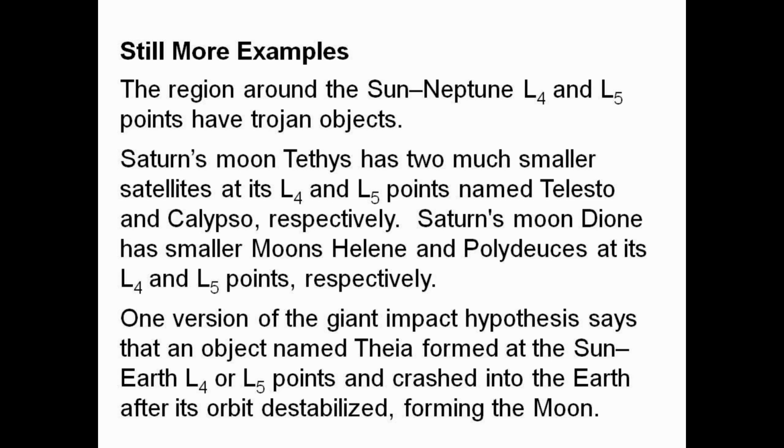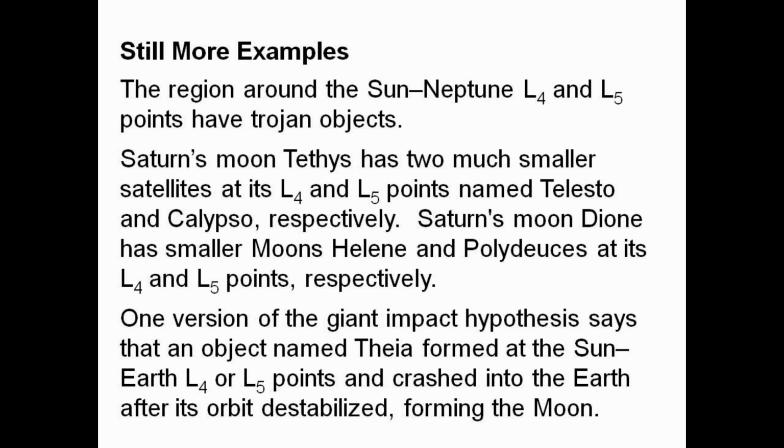So the moon's got moons. And Saturn's moon Dione has smaller moons Helene and Polydeuces at its L4 and L5. So we've got two moons of Saturn, each of which have two moons of their own at their own triangular Lagrangian points.